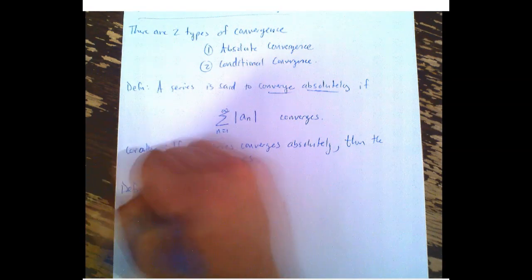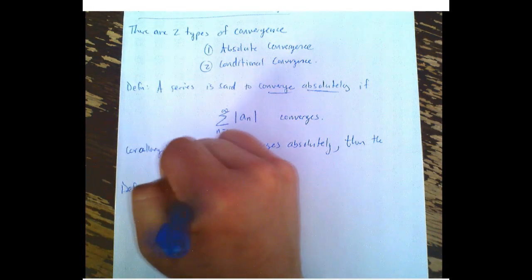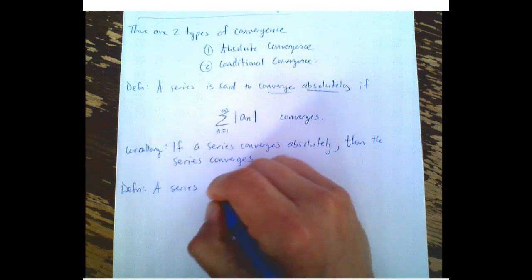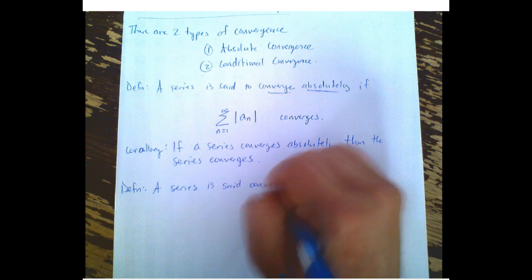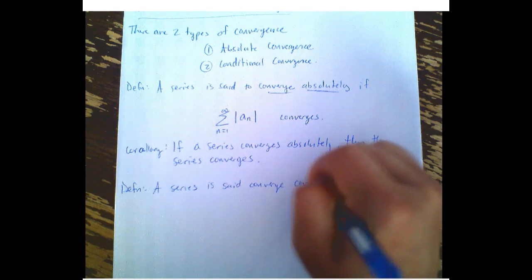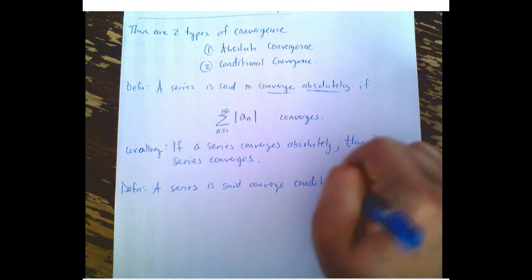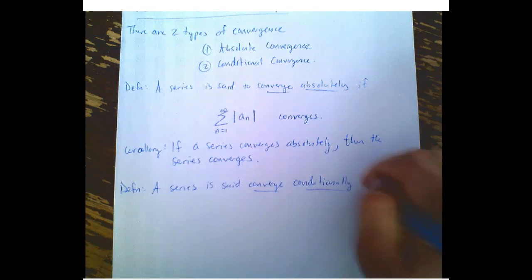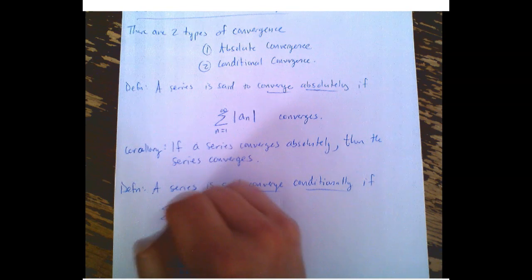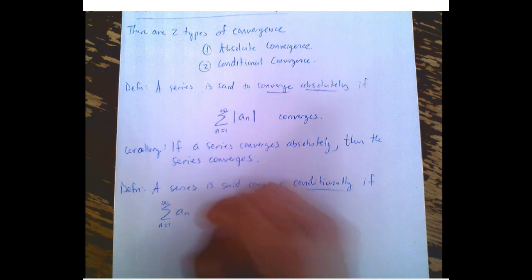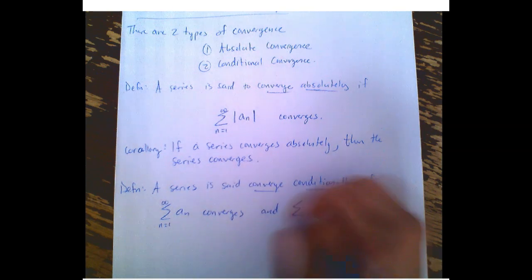Definition. A series is said to converge conditionally if the original series converges and the absolute value series diverges.